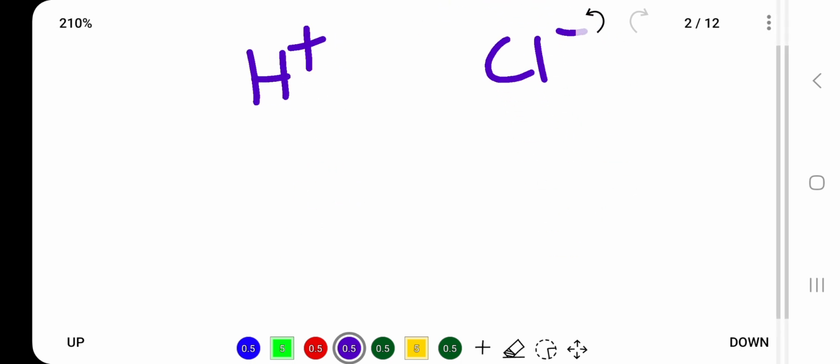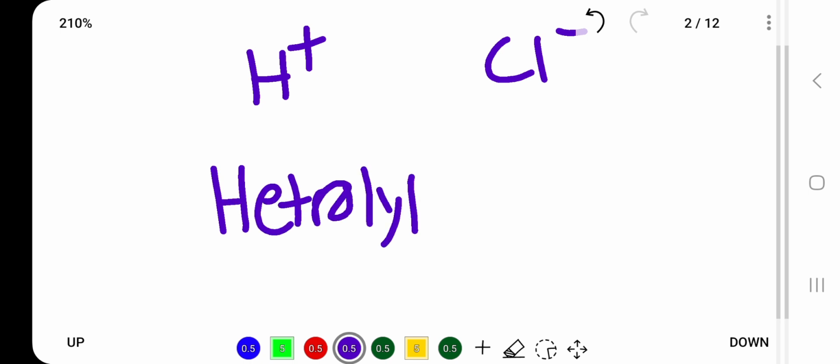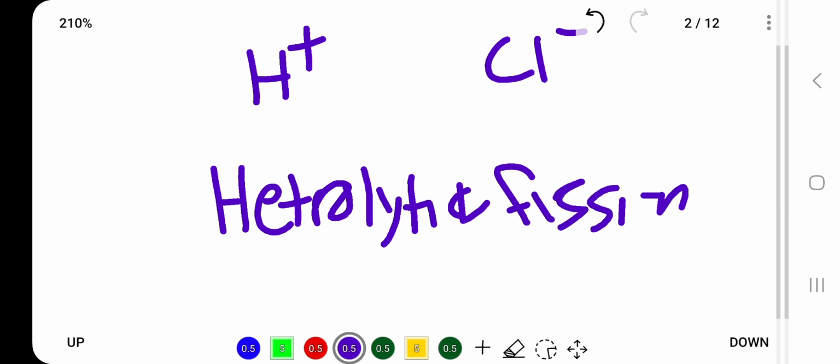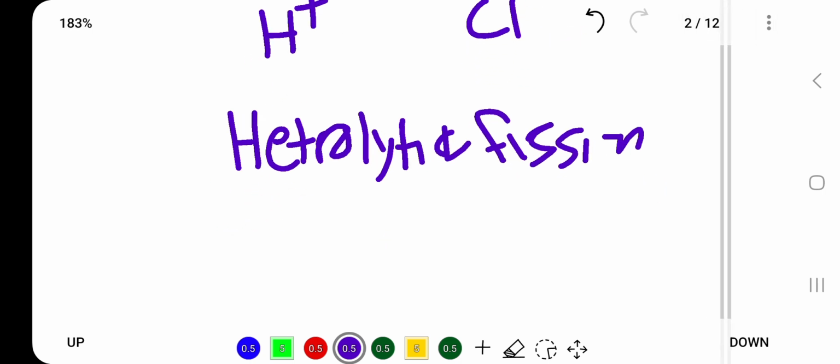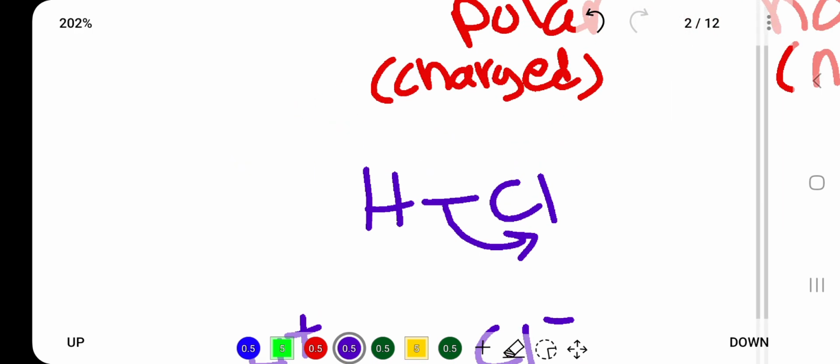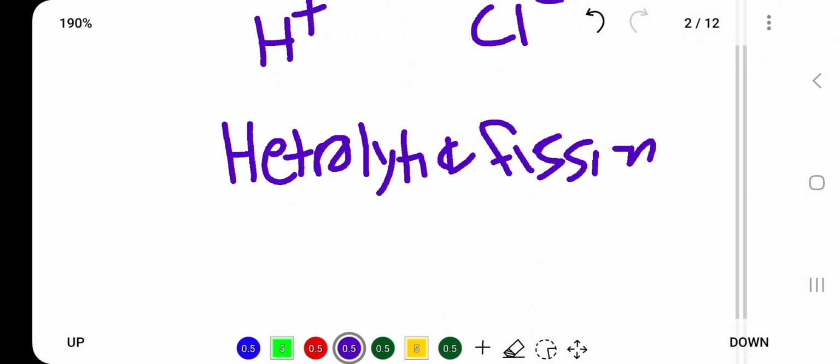So what is this called? It's basically called heterolytic fission, which means that when this happens, basically they are not equal.